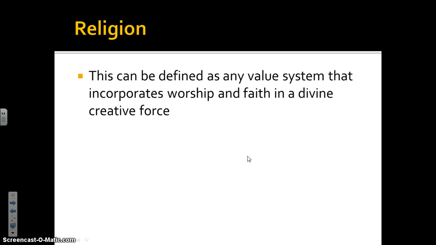That's a little bit confusing because within Christianity the divine creative force is the idea of God, but within other religions there can be other things that are responsible for creating the universe. It's a little bit more complicated, and we're not necessarily going to talk about it in this class, but you can have a religion that does not have a divine creative force, but it does have to have very specific rules in the belief system.